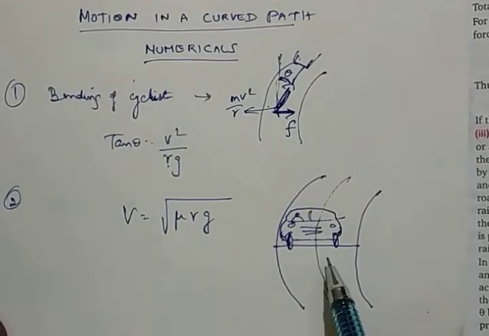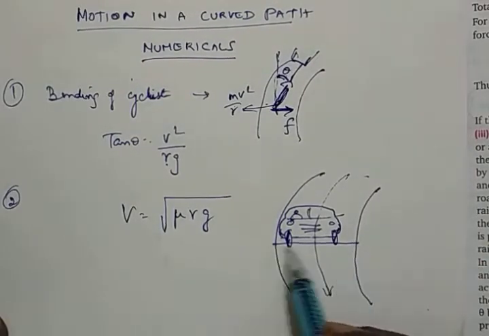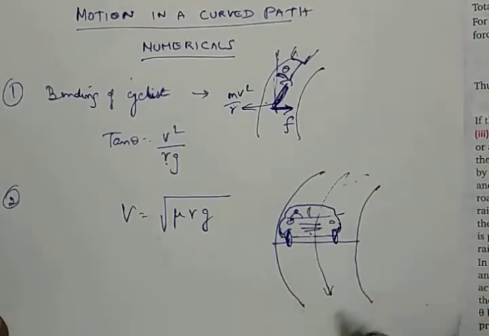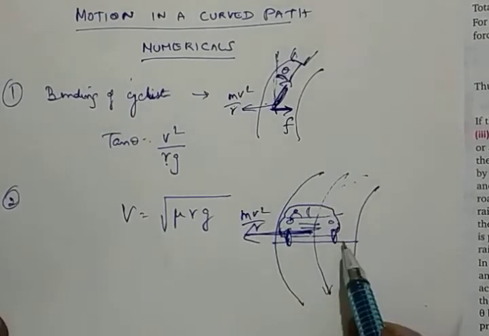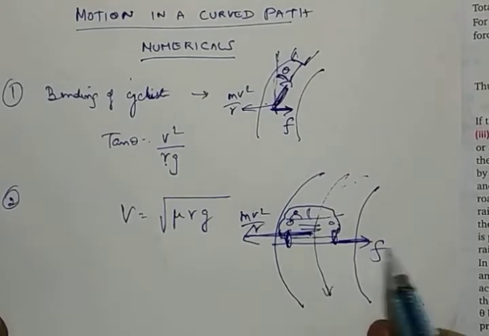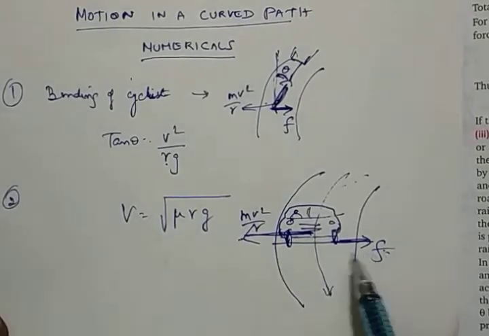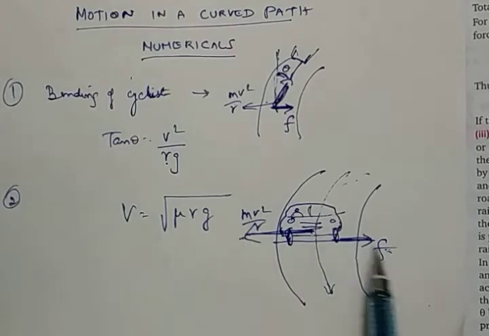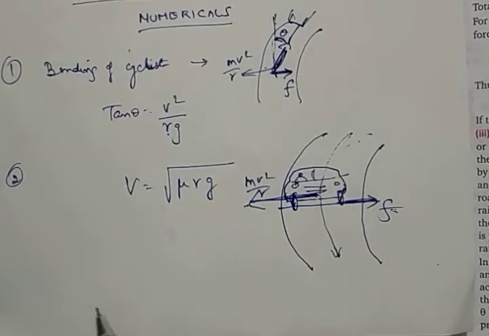This is the velocity of a car going in a curved path without banking. The centripetal force mv square by r is given by the frictional force. These two have to be balanced, then only it will stay on track. Mass gets cancelled out, so you get this without mass.